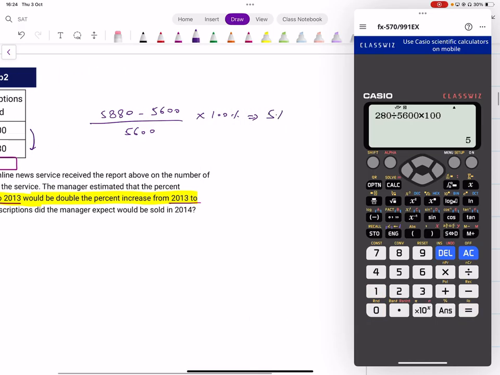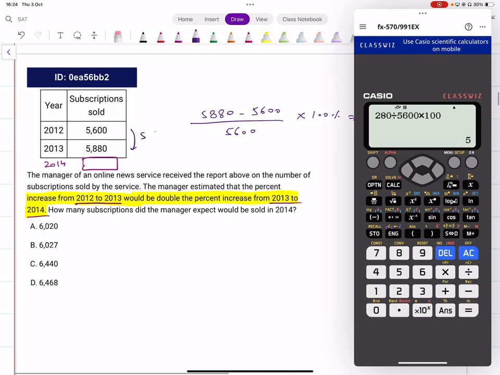Okay, so this increase is 5%. Now they're saying this percentage increase is double the percentage increase from 13 to 14. So this should be 2.5% increase.